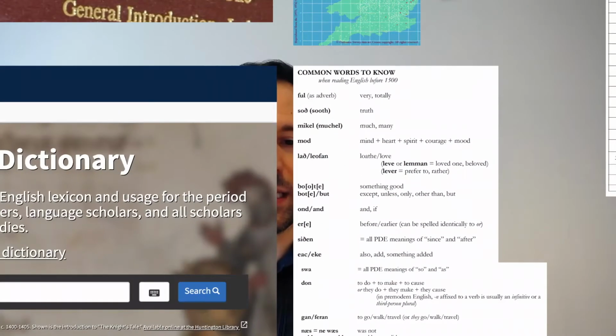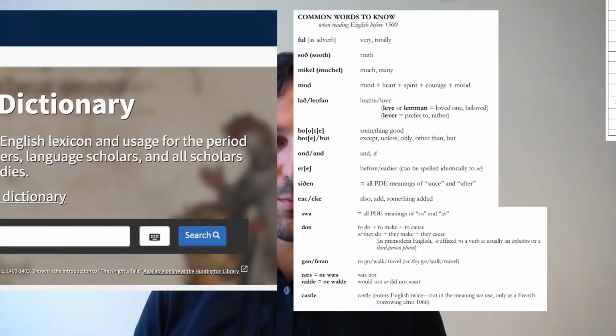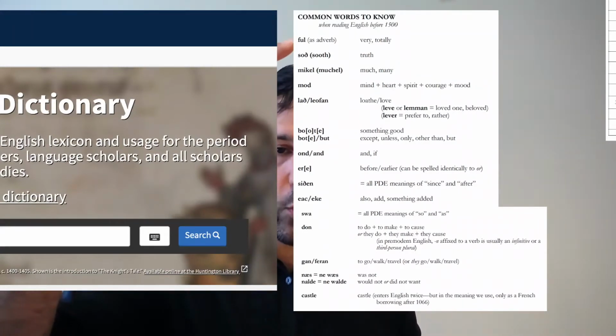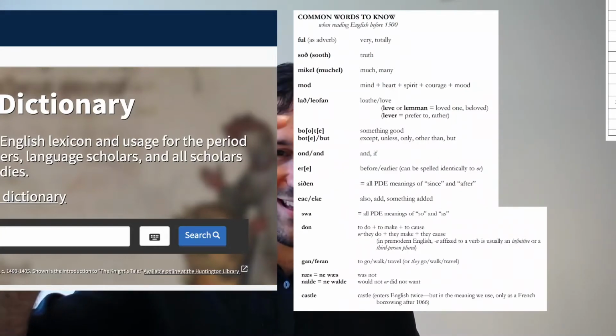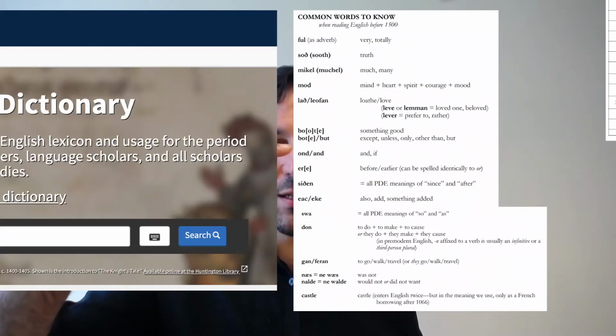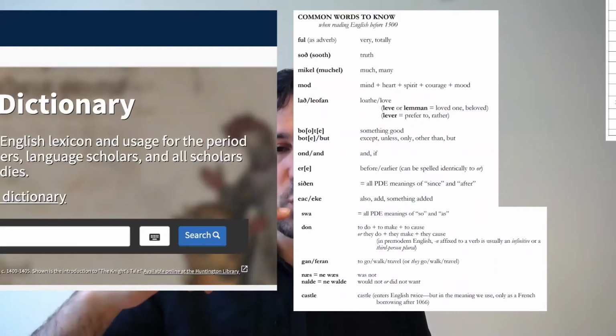From the Middle English Dictionary, we might also get a set of common words to know, and these are words that it would continue to behoove you to know for the future and for the take-home test. Make sure you know the words full as an adverb, soth, mickle, mod, lath and leovan, right? Notice leovan. Bota versus bota, right? These are pronounced and often spelled the same, but they can mean different things. Variants on spellings of and on meanings of and. On spellings of that is before, sithen, eak or eka, the source of our word nickname, swa.